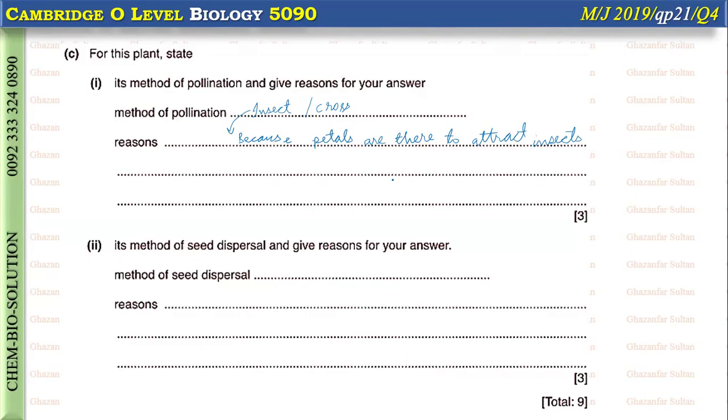So insects can be attracted by the petals and provide space for landing or platform to landing.